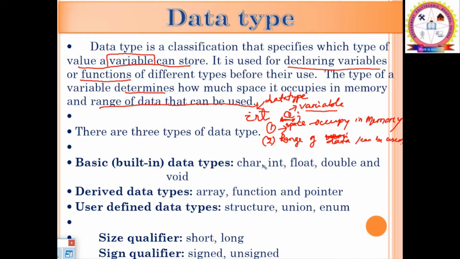There are three categories of data types in the C language. The first one is called basic data types, also called built-in data types or fundamental data types.